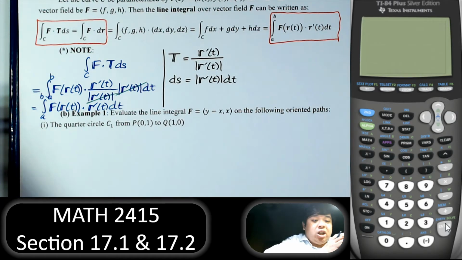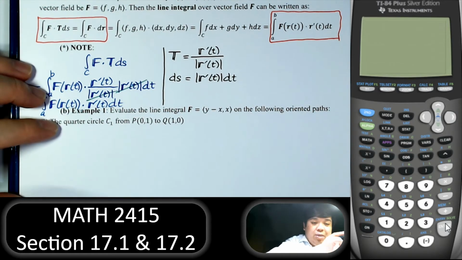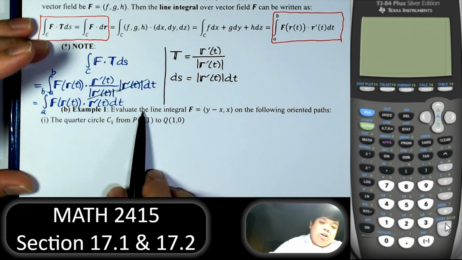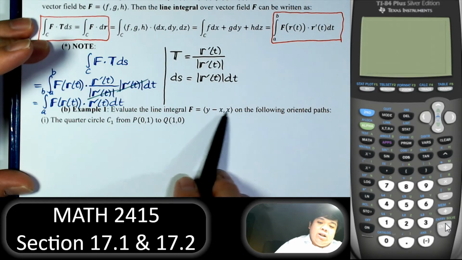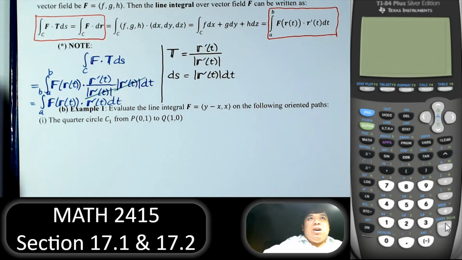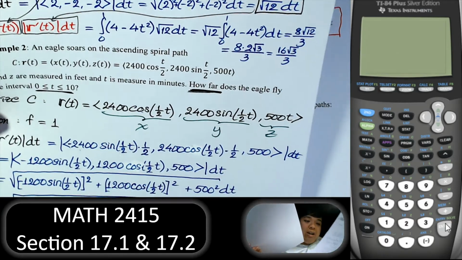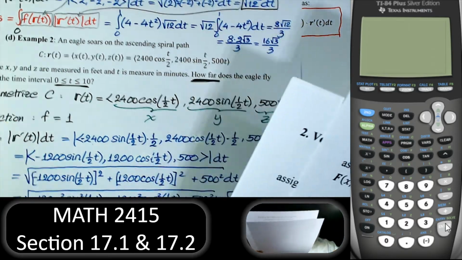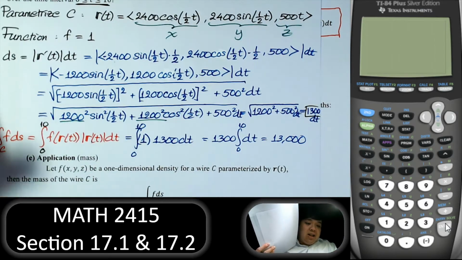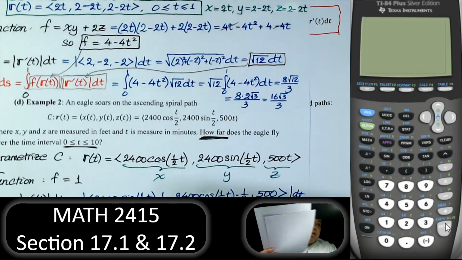We do not need to find the magnitude, right? So let's look at the form. Evaluate the line integral on the following path. Now you see the difference, right? On the previous one, we are given the function, or if we just find the length or mass, then we have a function.